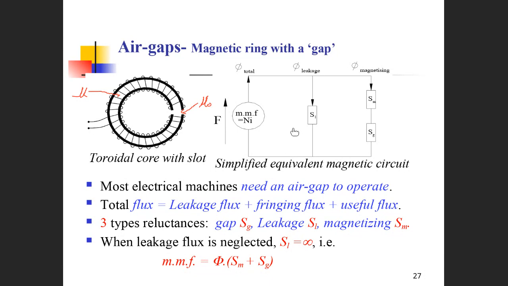One is the leakage reluctance, which we already talked about in the last lectures, the magnetic flux leaked into the air through the gap of the coil. That's leakage, and this reluctance is usually very, very large. The leakage reluctance is very large and the leakage flux very small, and it is in parallel with the flux inside the core.